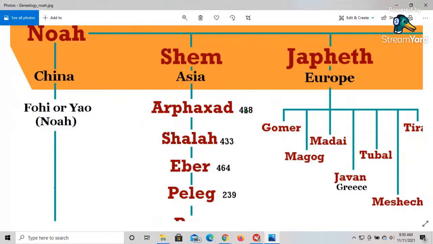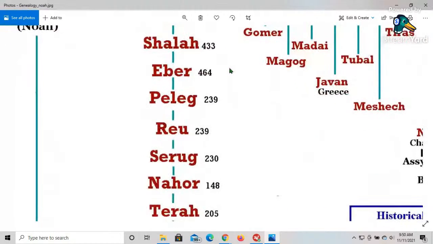So the lifespan was cut in half, so that's under 500 years. And then something happened here in the days of Peleg. Lifespan was cut in half again to under 250 years. So it got cut from under 500 years to under 250 years in the days of Peleg.